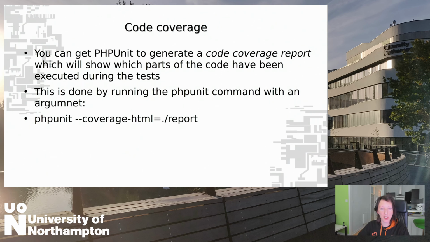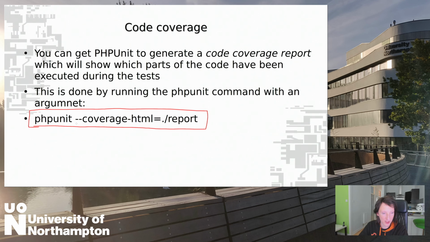You then need to get PHP Unit to generate a code coverage report, and it won't do this automatically. You need to tell it what type of report to generate, and I recommend using HTML because it's a lot easier to look at. And you can tell it to generate an HTML report by running the PHP unit command like this.